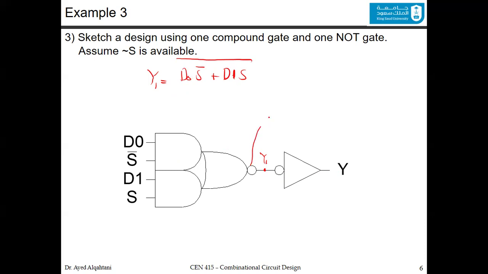So this bubble is actually this bar, and we get the benefit of this bar when designing the circuit in CMOS. So let's do it, and we will give you a few examples, and we will end up with one of them looking like this one.